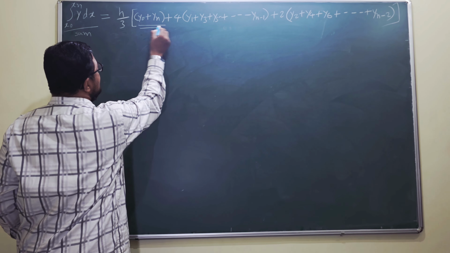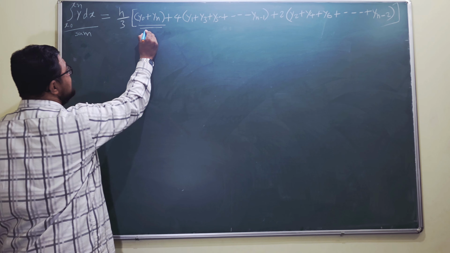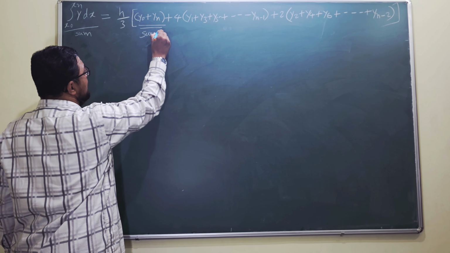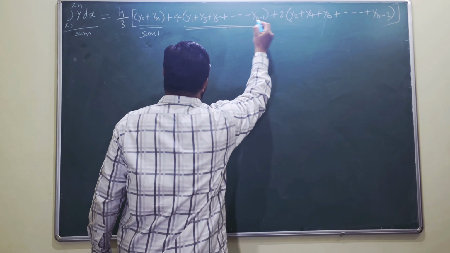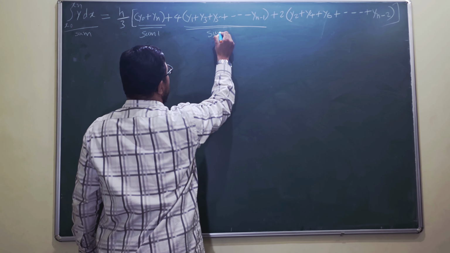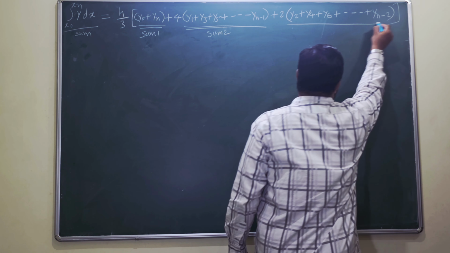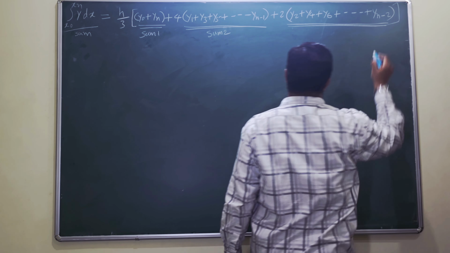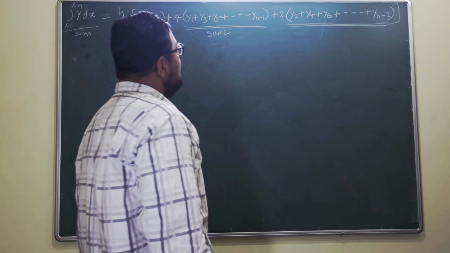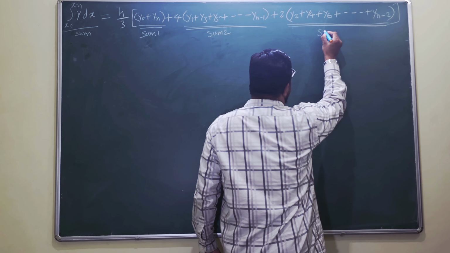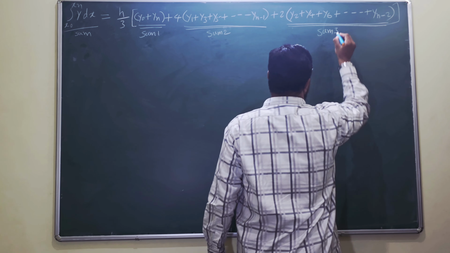Then this part, y0 plus yn, we will store in a variable called sum1. The odd terms we will store in the sum2 variable. And this part, y2 plus y4 plus y6 up to yn minus 2, all these terms we will store in another variable called sum3.